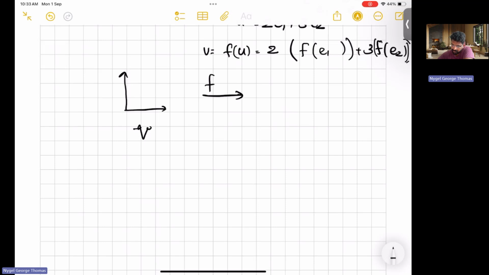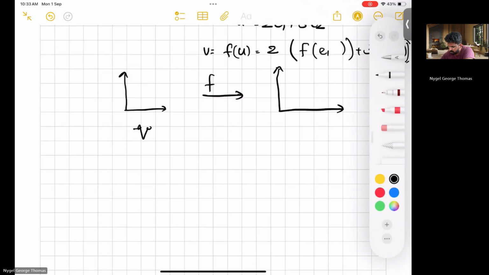We want to do some kind of a mapping, which takes it to another 2D space. So we had a vector already here, some random vector. It got transformed to some other vector. Here, this is the initial vector. It got transformed into this.